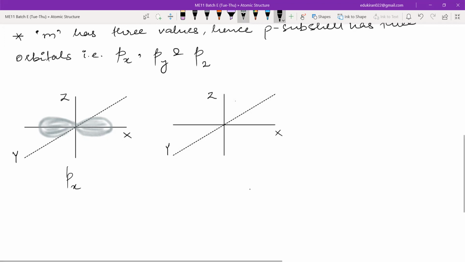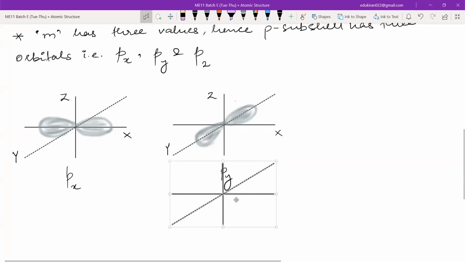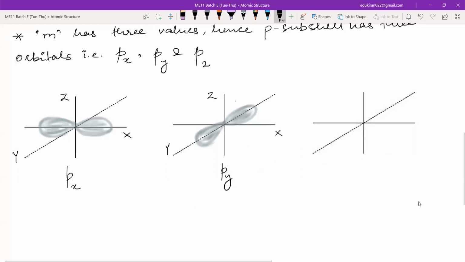This is the z-axis. See, py. This will be pz.